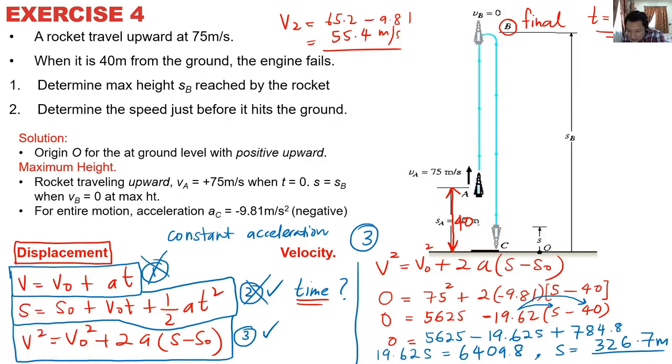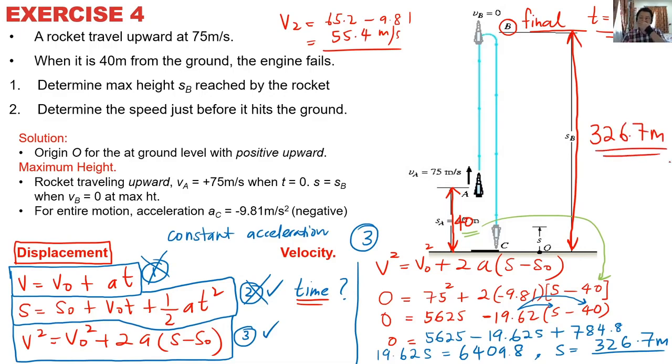See, this 40 is being represented here. Original displacement. So this maximum altitude that the rocket will go is actually 326.7 meter. That is the displacement of the rocket going up.